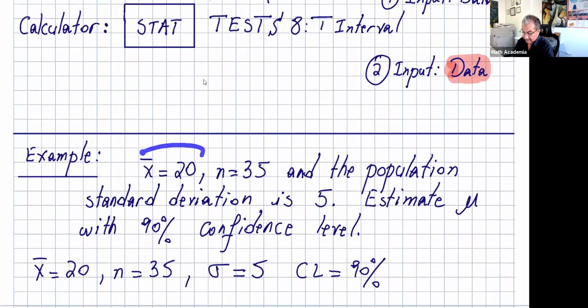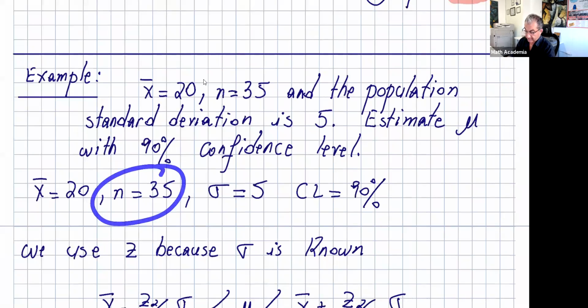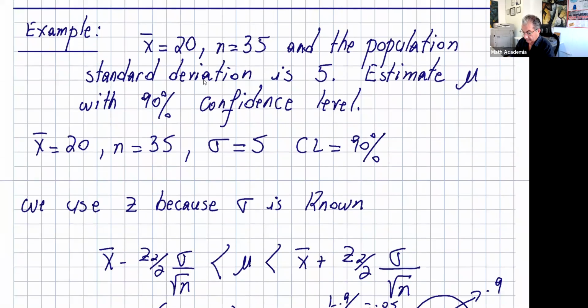Another example: x bar is given, 20, n is given, 35, and the population standard deviation is 5. When you hear the population standard deviation, know that sigma is given. And we said when sigma is given, you use z, and n is definitely greater than 30, so we can use z.